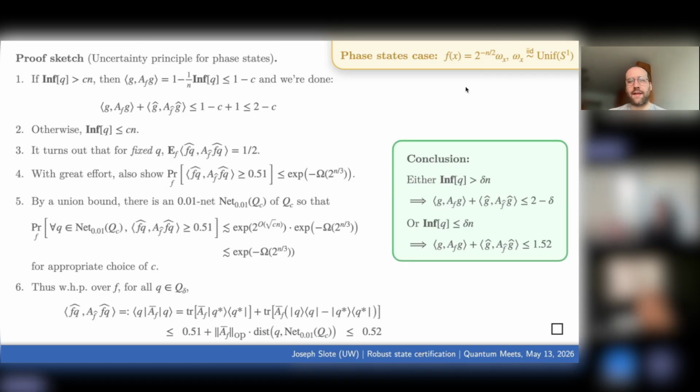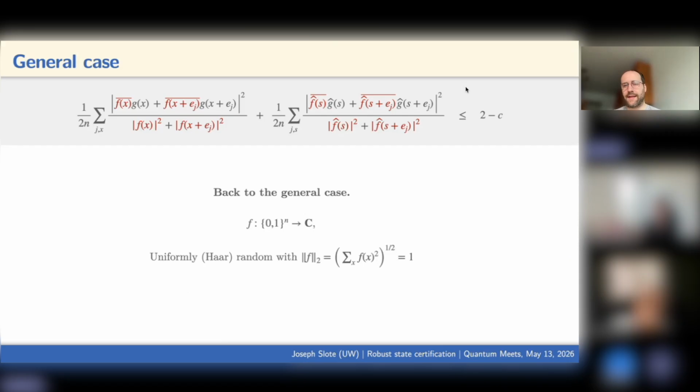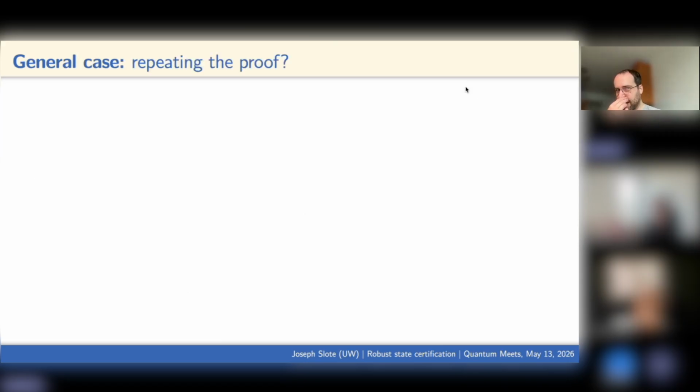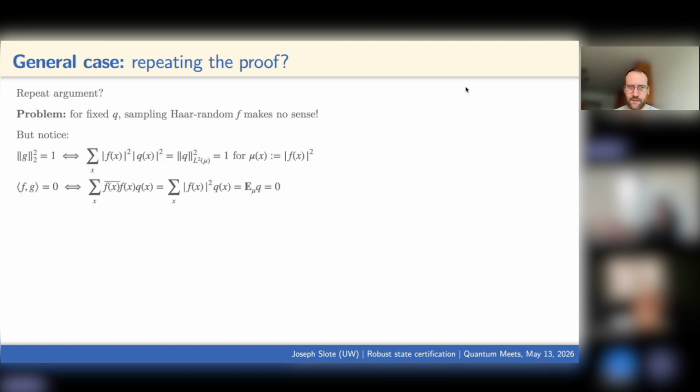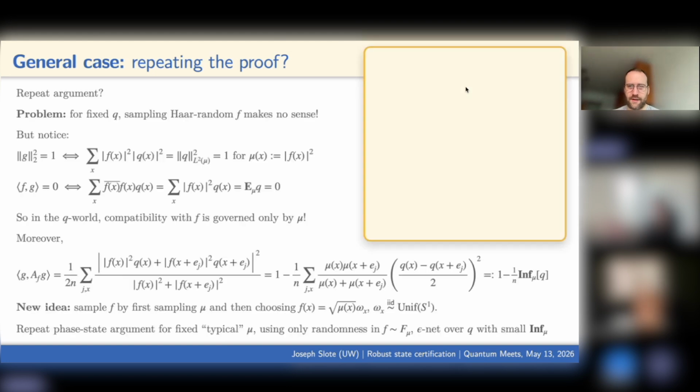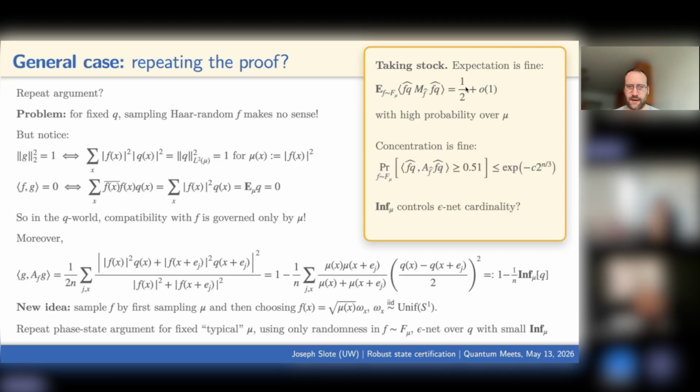Then the general case is like that new monsters emerge in the general case. I will not go into it too much. What is the main idea?